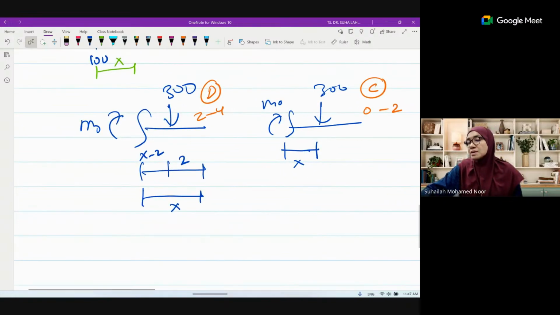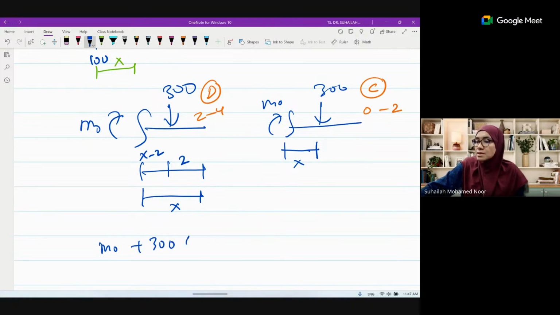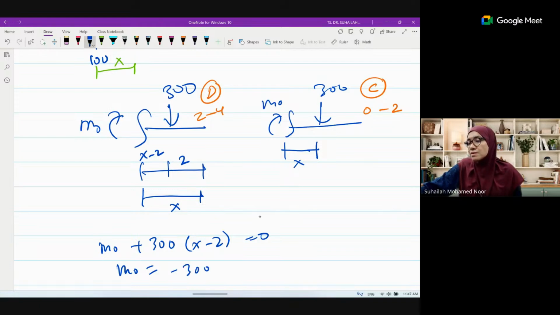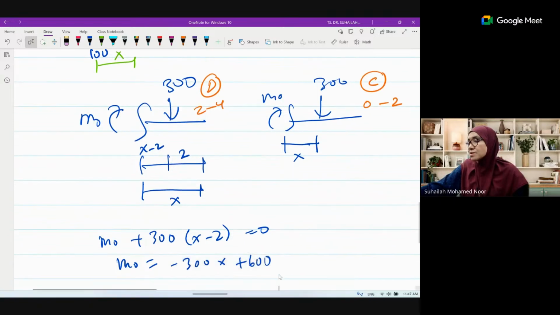Okay, so taking D, this one. M0 plus 300 times x minus 2 equals 0. So M0 equals negative 300x, bring it over, positive 600. So we have negative 300x plus 600.